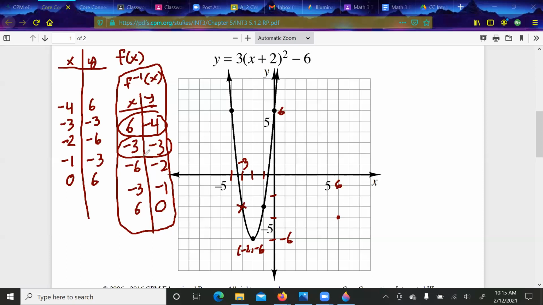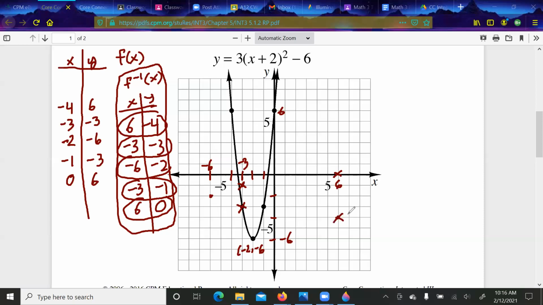Okay. Then -6, -2, that's all the way over here. -6, -2. Okay, and -3, -1, -3, -1 right here, and 6, 0, which is right here.